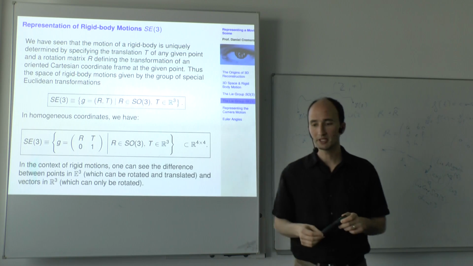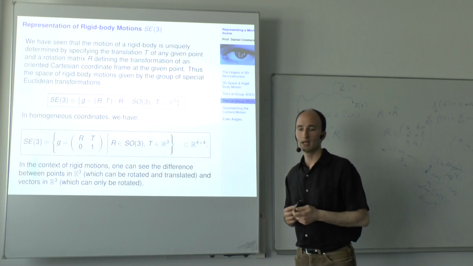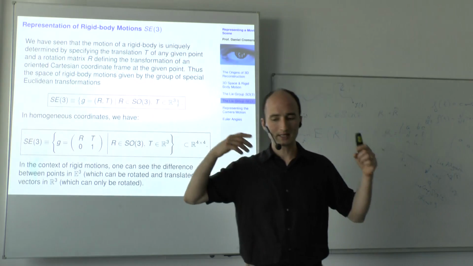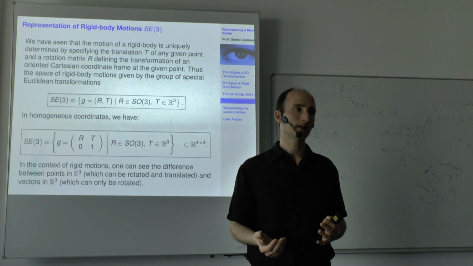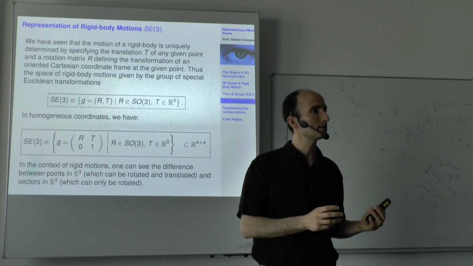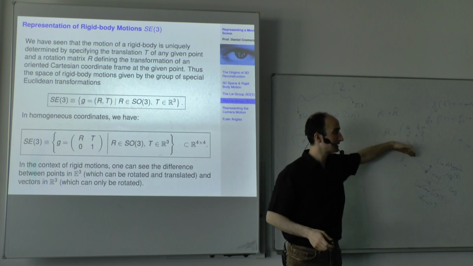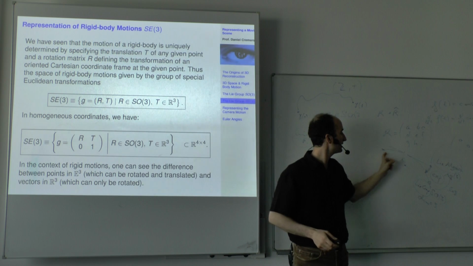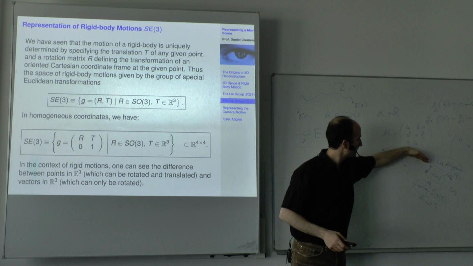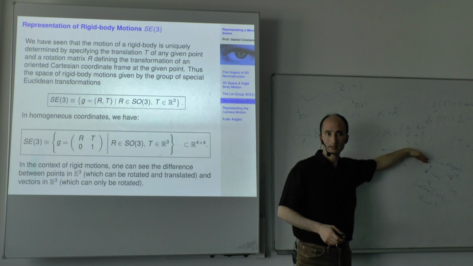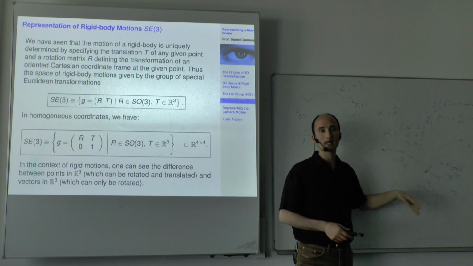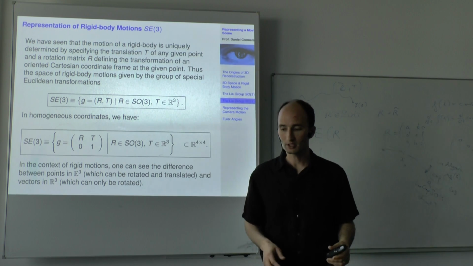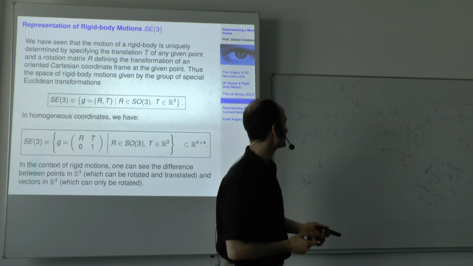Now we come to the special Euclidean group, and what we will see is that basically the same idea that we apply to rotations, namely taking the tangent space and modeling the elements in our group by corresponding elements in the tangent space, we can do the same for the special Euclidean group, rotations and translations.